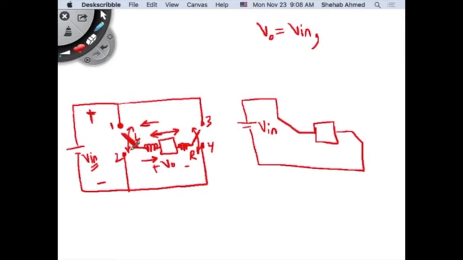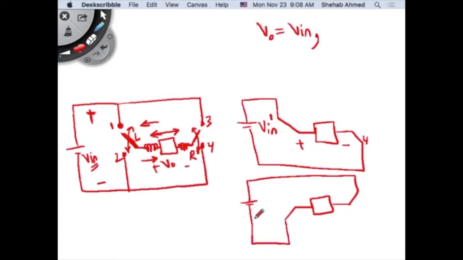So when I had this arm connected to point 1 and this arm here connected to point 4, this was how my circuit looked like, right? And now if I make this arm connected to point 2 and this arm connected to point 3, then the circuit would look like this. Current here was flowing this way. How about current here?